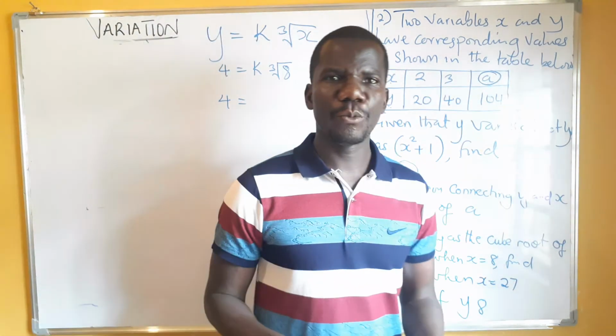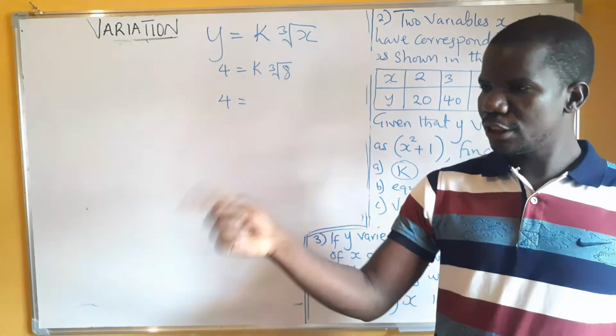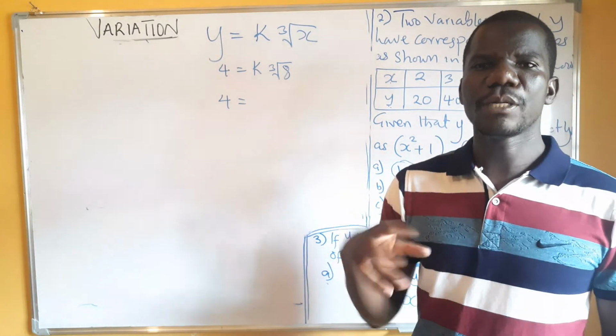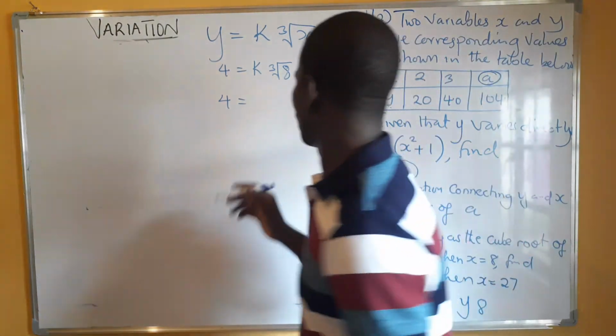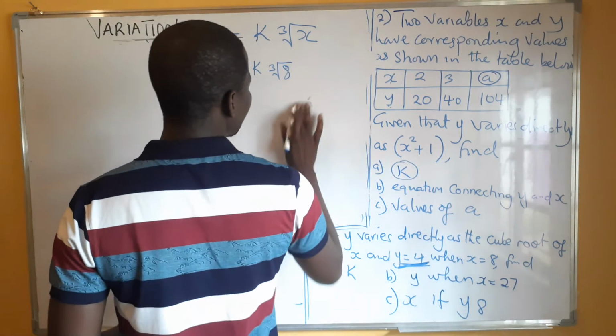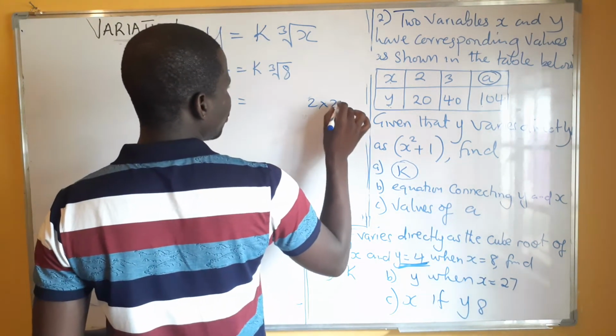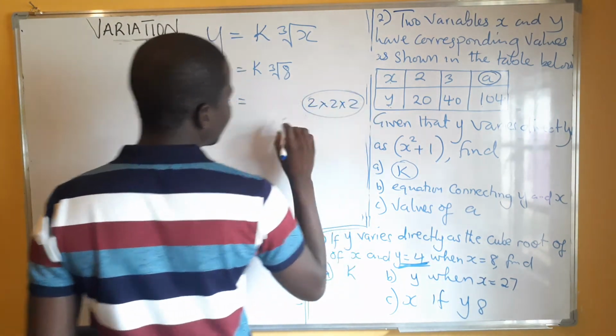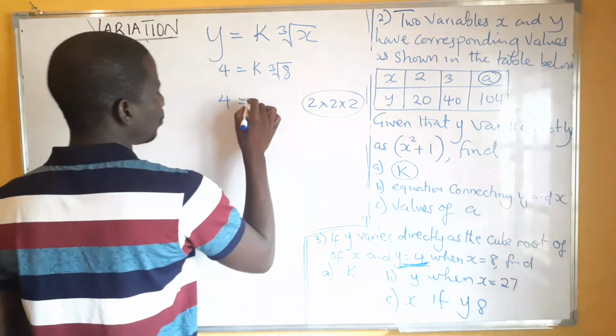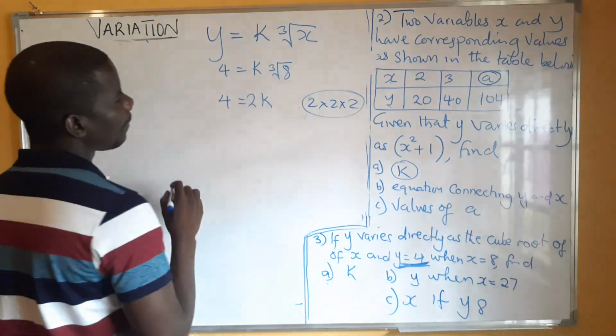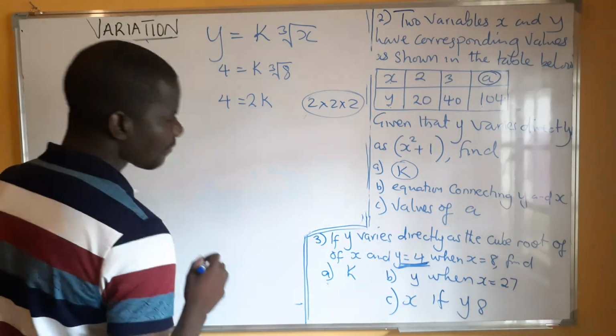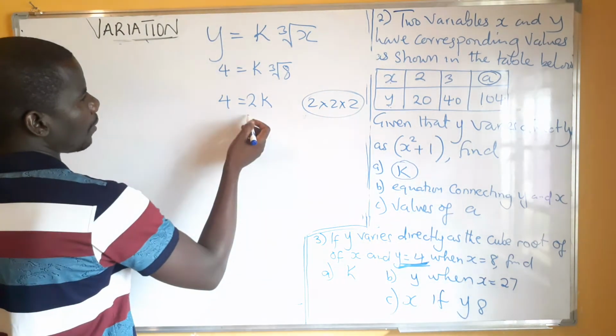The number that you multiply by itself 3 times in order to get 8. 2 times 2 times 2, we get 8. So the cube root of 8 is 2. So 2k. Okay? After that, what we do, we divide.